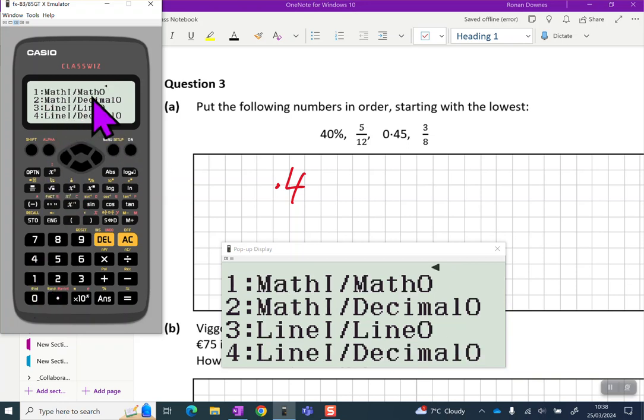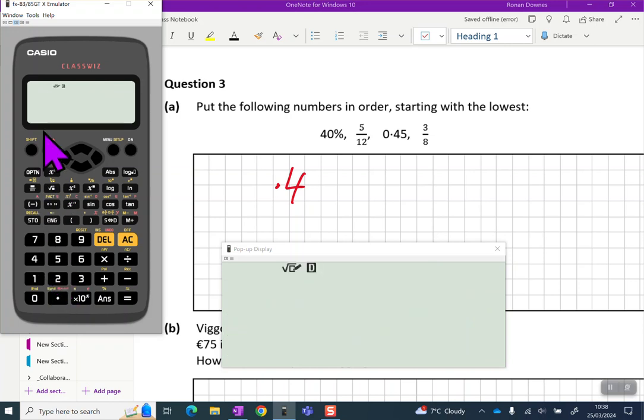And instead of outputting math, you can output decimal if you take option 2. Now the only difference here is that it'll give you the decimal answer, but if you want to see the exact answer, you can press S-D, because this is a two-way relationship. So now, if you've done that on your calculator and under settings, 5/12 will report as a fraction.